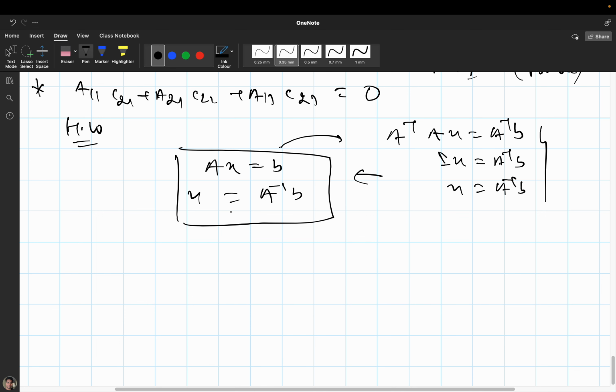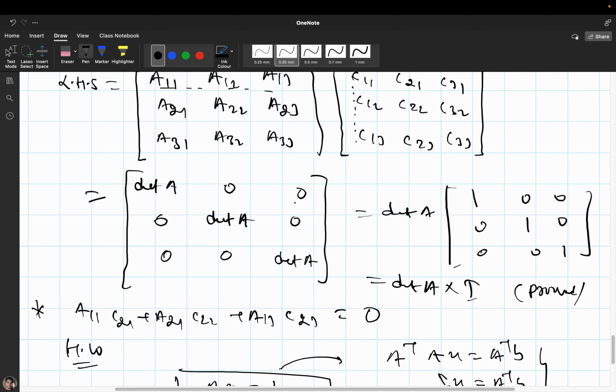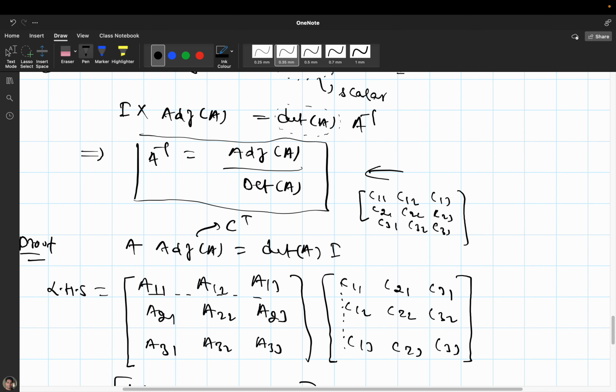But if you want to get x, you have to get A inverse and just multiply by b. From the formula of A inverse, you can see that it is nothing but the adjoint of A divided by the determinant of A. If the determinant of A is 0, then you cannot get A inverse, and that is applicable only for square matrices.